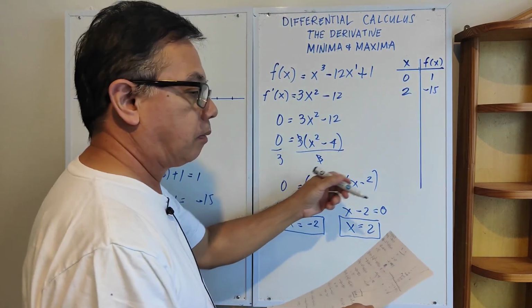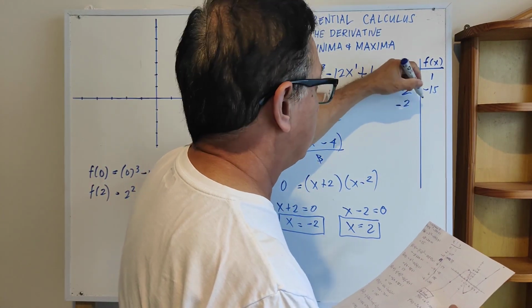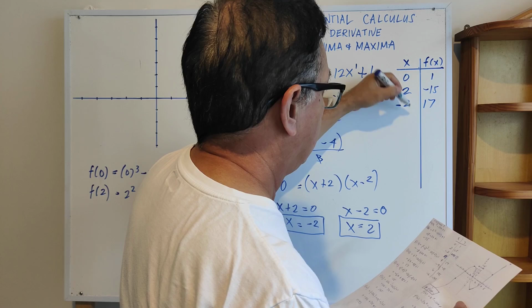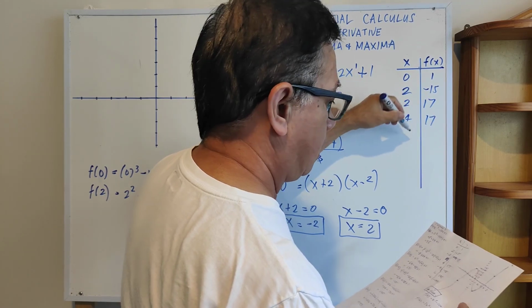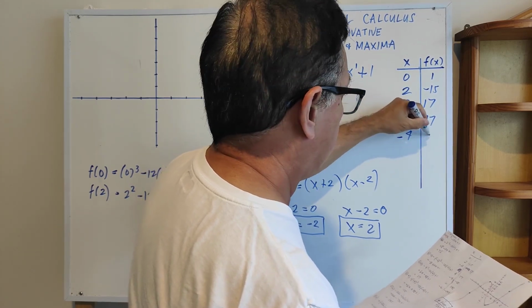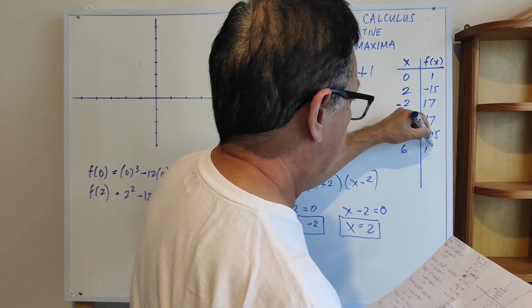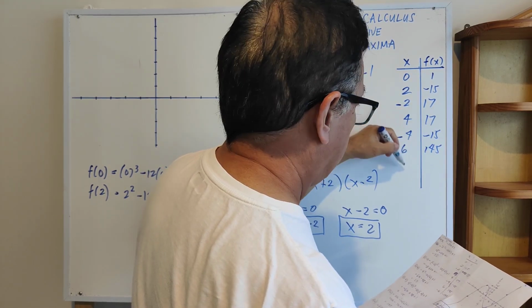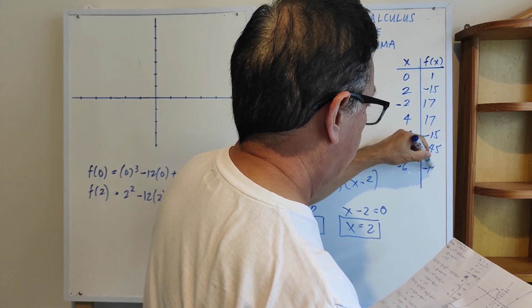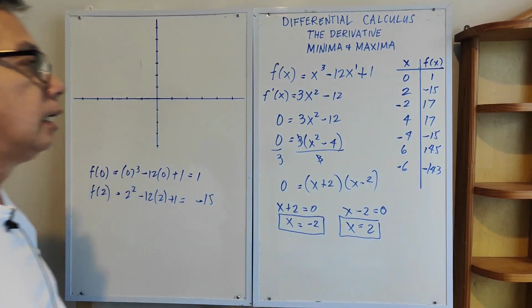So I just plug in all the values. Negative 2 gives 17, 4 gives 17, negative 4 gives negative 15, 6 gives 145, negative 6 gives negative 143.